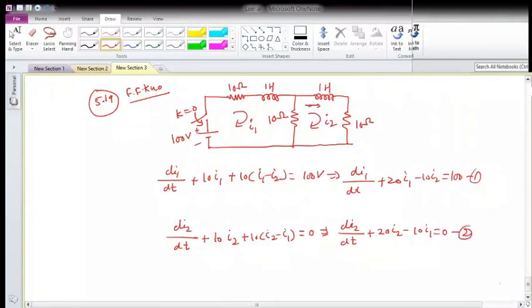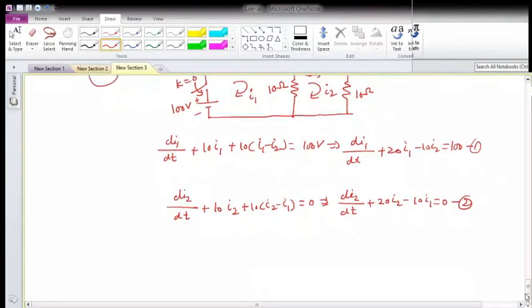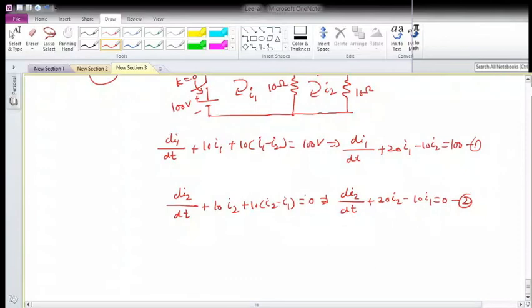This is equation 2. And now it is a simple first order differential equation, so I can solve it quickly, right? So what is the Laplace? It will be s I1 of s plus 20 I1 of s minus 10 I2 of s, which is equal to 100 by s.